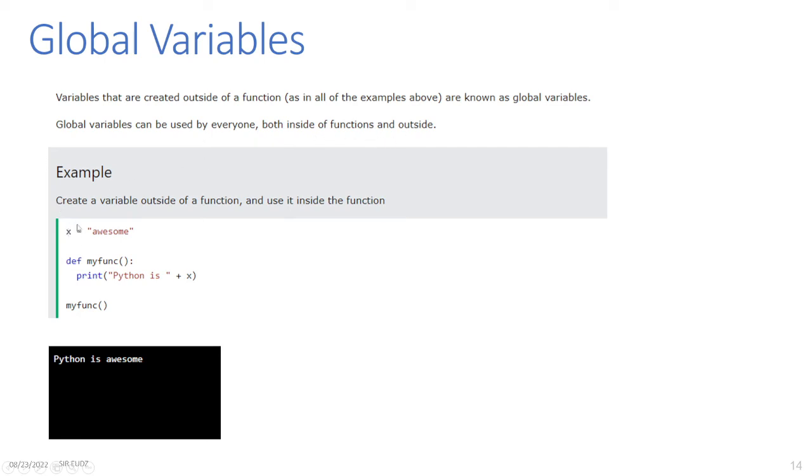So x here is a global variable. Define a function that prints Python is plus x. You can still reference this variable because it is a global variable. Once you call this function, it will print Python is awesome. We'll learn more of this as we discuss functions later on.